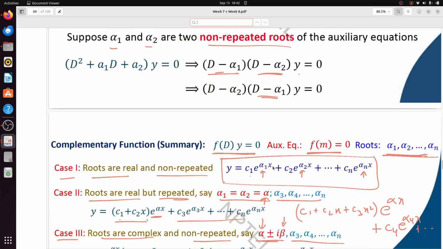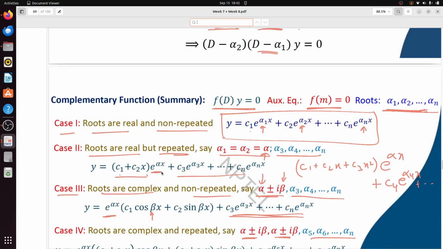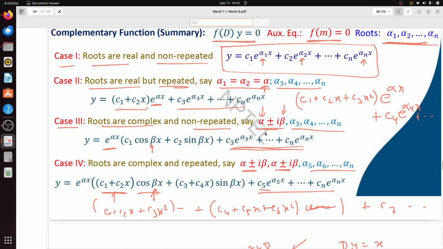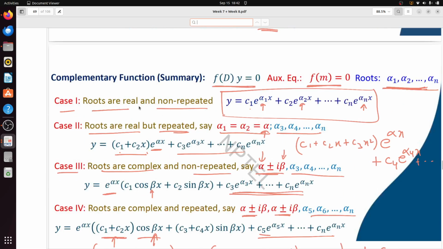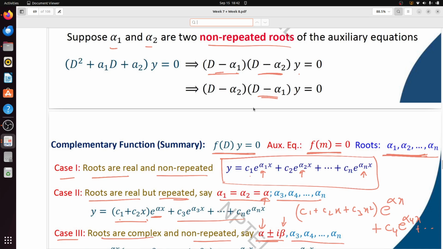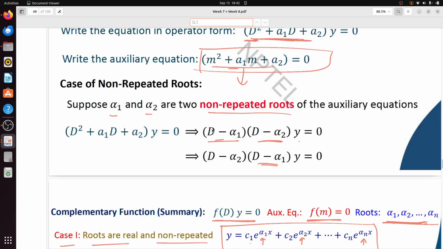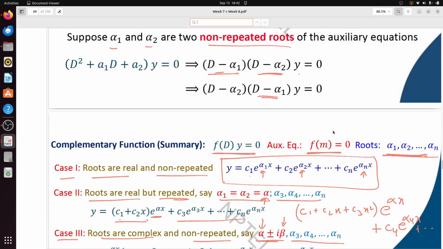So here we have just for second order only, the non-repeated case. If your roots are real and non-repeated, say alpha 1, alpha 2, up to alpha n, okay, so here we have given it for the second order, then your y will be a linear sum of e to the power alpha 1 x, e to the power alpha 2 x, and so on.